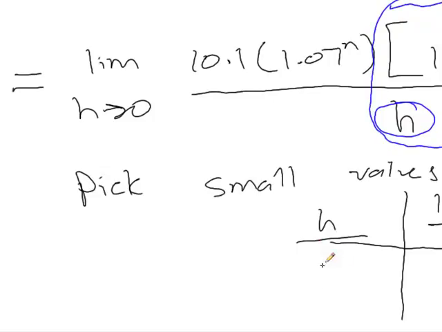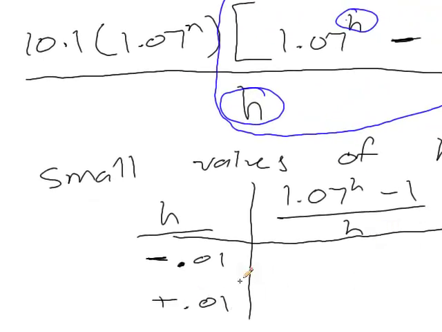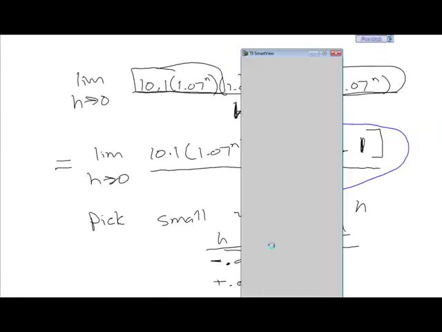Now I'm not going to pick a lot of values of h because I don't want to have to compute too much, but I will pick negative 0.01, a point that's really close to 0, but that's to the left of our point of interest, and I'll pick positive 0.01 since that's on the right of our point of interest, and then that tells me that this guy is probably somewhere in between here.